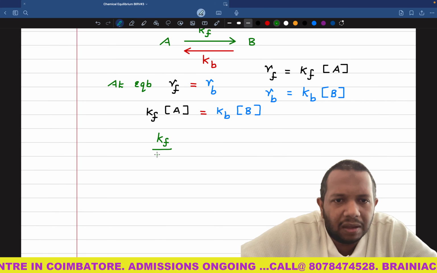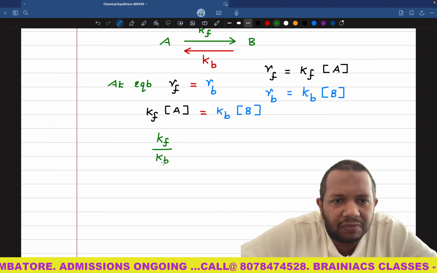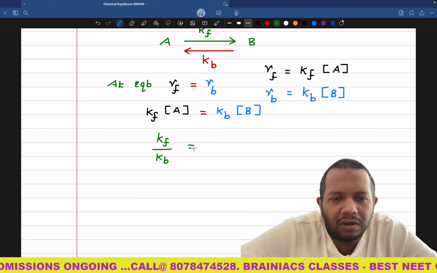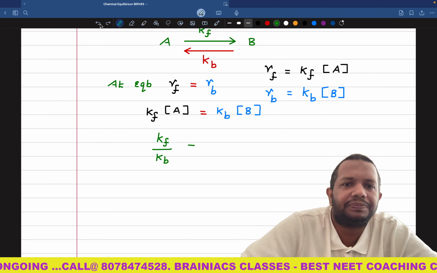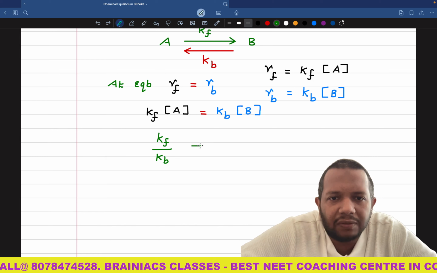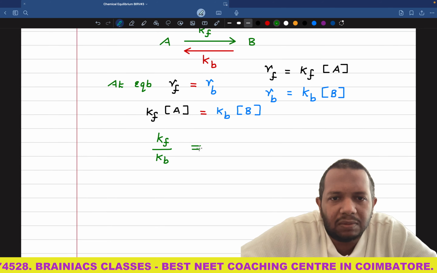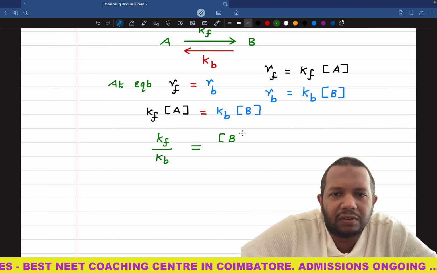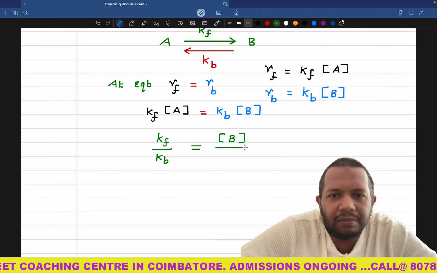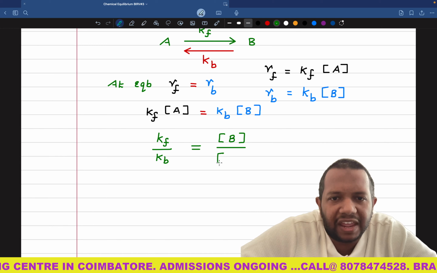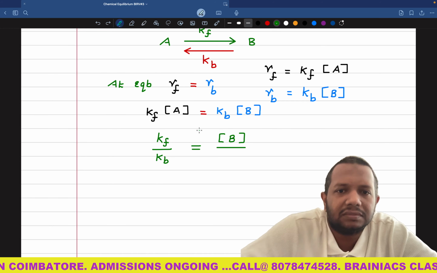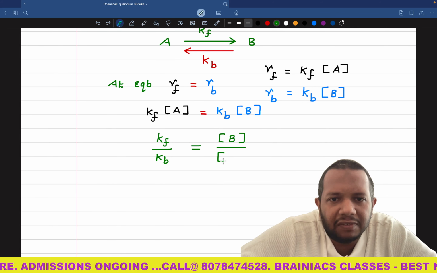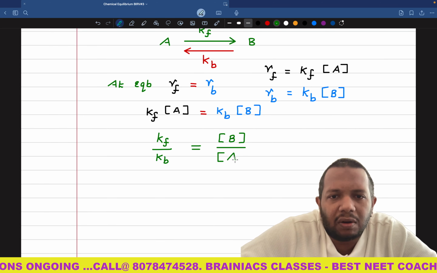So Kf by Kb is equal to concentration of B divided by concentration of A.